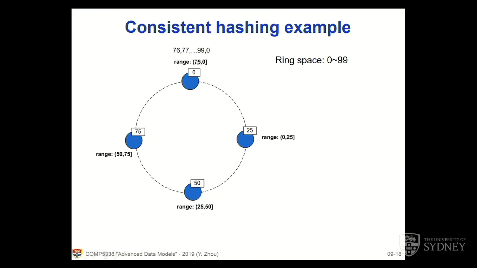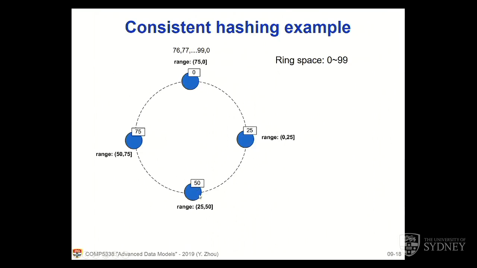And this one is 75 to 0, so it's from 76, assuming it's all integers, up to 99 and then 0. And this one is from 25 to 50. So it's always the previous one and itself. That's the range.